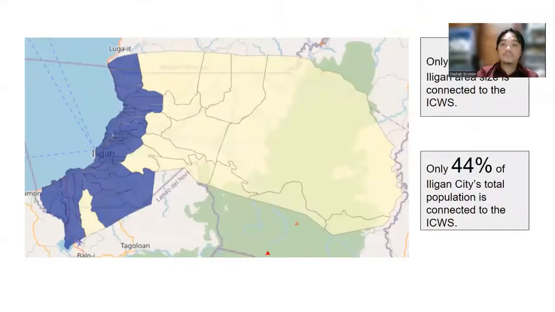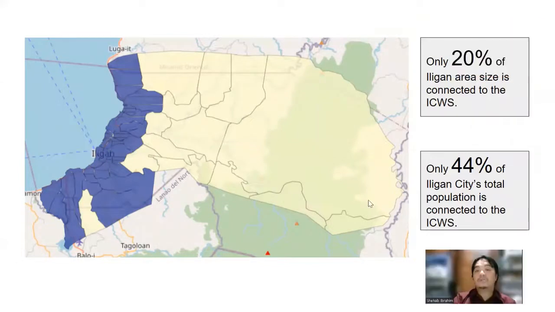Now, again, only 20% of the Iligan area is connected to ICWS, and only 44% of Iligan City's total population is connected to the ICWS. The reason for this is that most of the residents in Iligan City are not dependent on the ICWS.